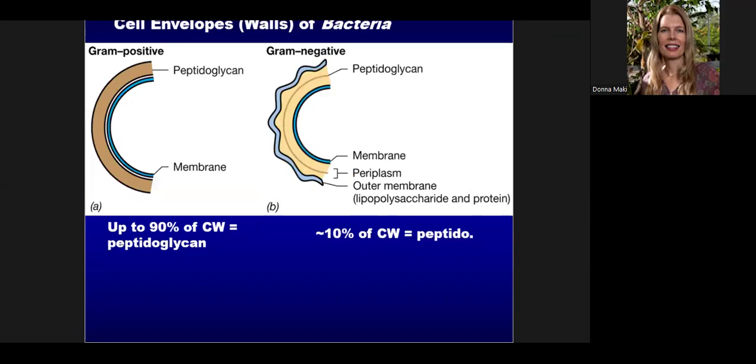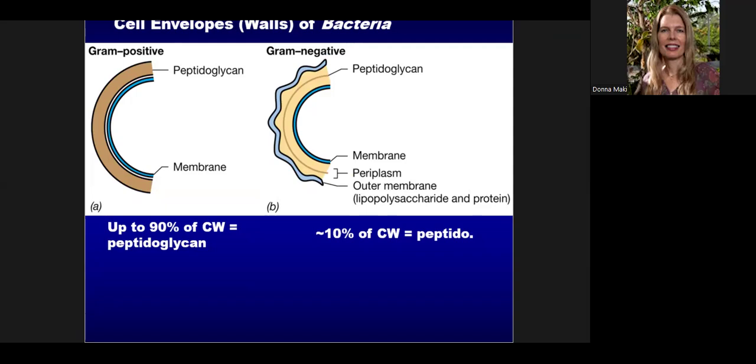So that was kind of a refresher on cell membranes in general, and then some special new information on archaea in particular. Here's a mock-up of a basic comparison of the cell wall of bacteria. So now we're in the domain bacteria, and we're looking at the cell wall. So bacteria have cell walls.